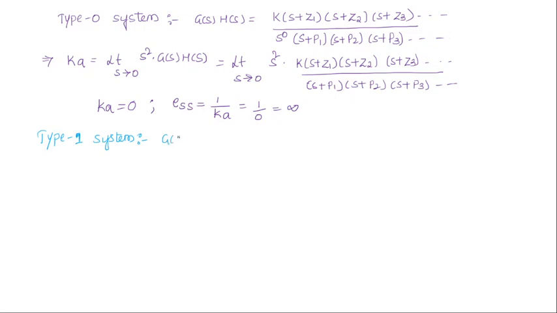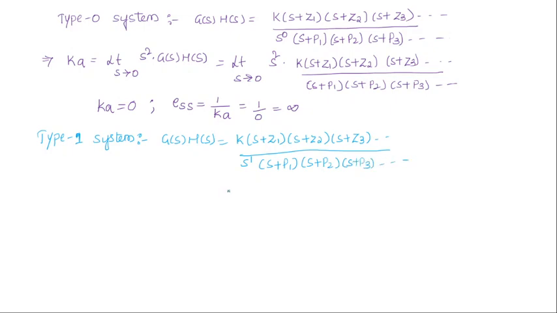Then G of s into H of s becomes K into (s plus Z1)(s plus Z2)(s plus Z3) and so on, whole divided by s power 1 into (s plus P1)(s plus P2)(s plus P3) and so on. So try to calculate the Ka value here.